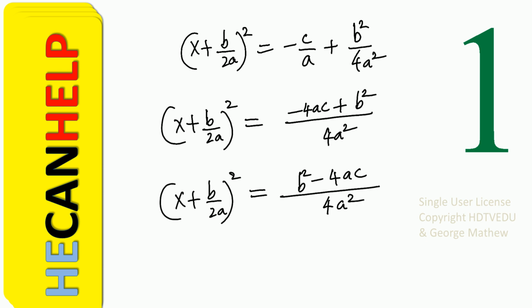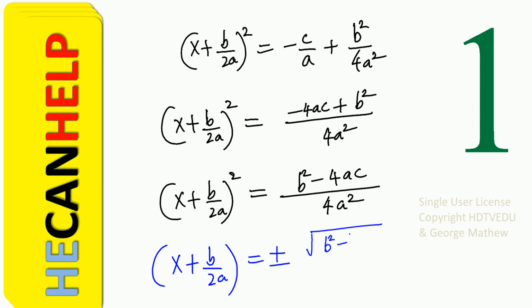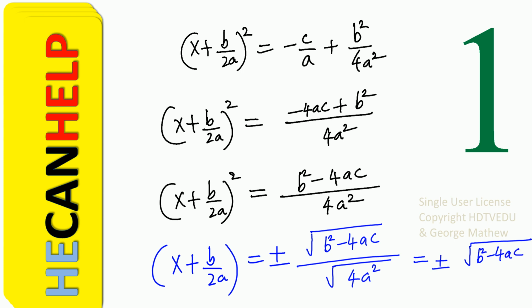We take the square root on both sides, so we get x plus b over 2a, and we get both positive and negative solutions on the right side. So you get the square root of b squared minus 4ac divided by the square root of 4a squared. And this is plus or minus the square root of b squared minus 4ac, the whole thing divided by 2a.